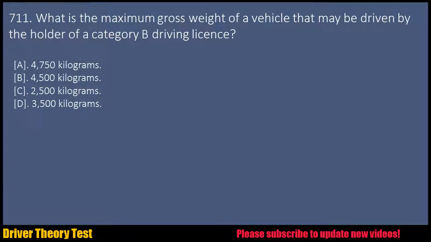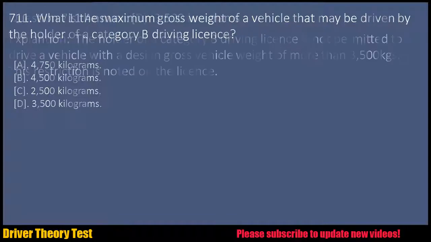Question 711. What is the maximum gross weight of a vehicle that may be driven by the holder of a Category B driving license? A. 4,750 kilograms. B. 4,500 kilograms. C. 2,500 kilograms. D. 3,500 kilograms.